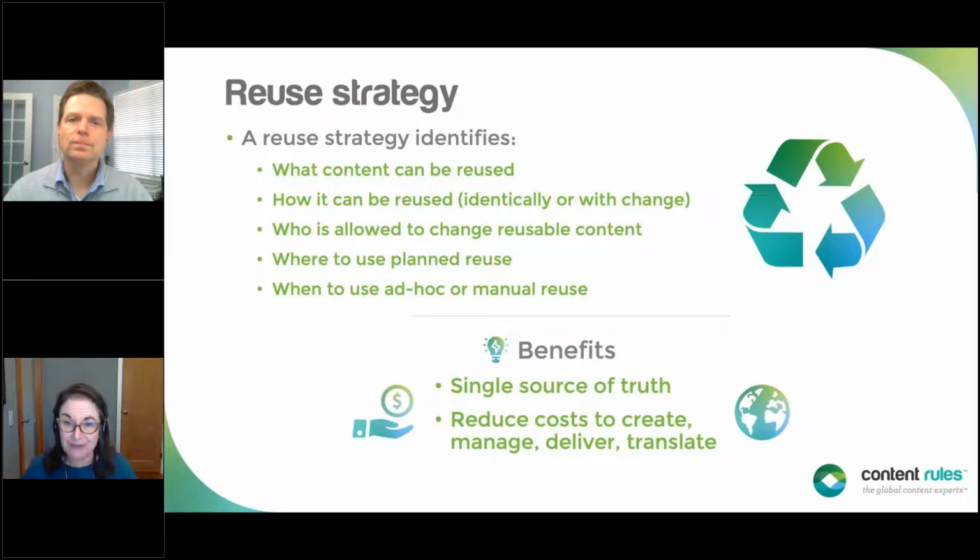And who's allowed to change the reusable content? Where am I going to use it? All of these different things go into your reuse strategy, but if you do it right, you end up with a single source of truth for each component. They're built into documents later on. And this is how you reduce your costs and speed up your time. So you have to have a strategy.